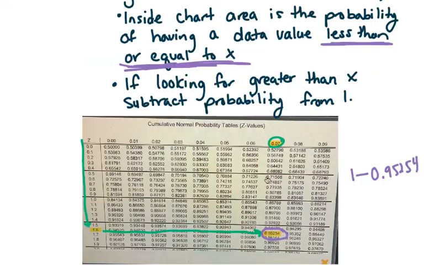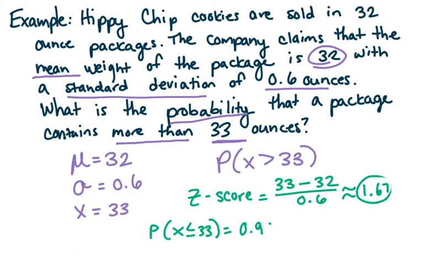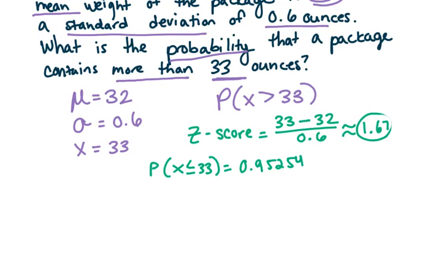I forgot what the number was already. 0.95254. So the probability that x is less than or equal to 33 is 0.95254. But I want the probability that it's more than 33, so I take this value and subtract it from 1.